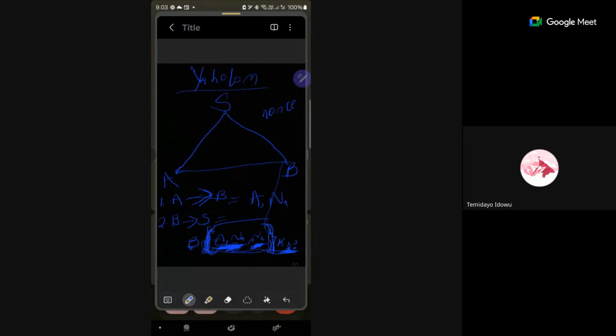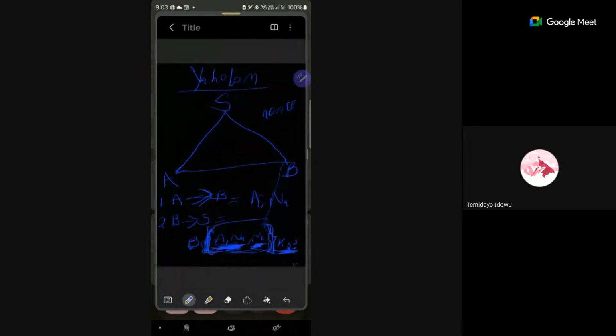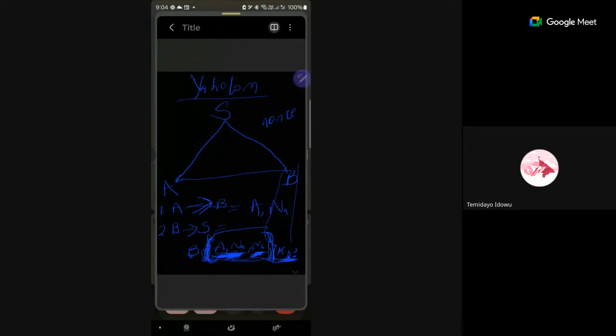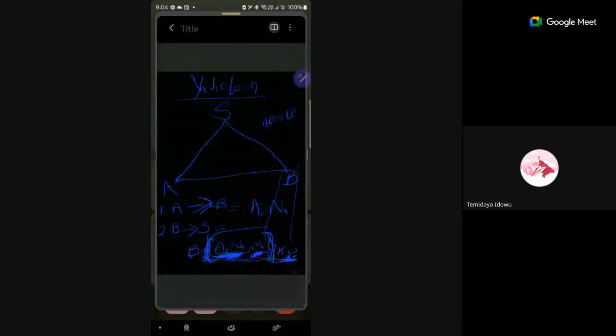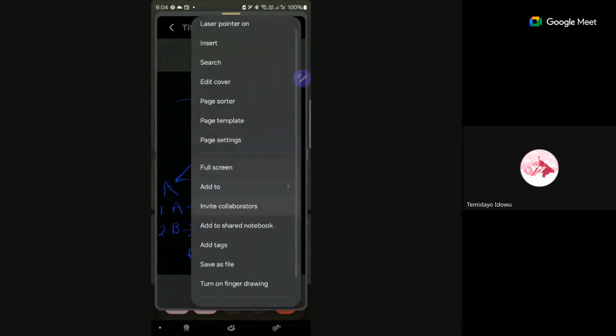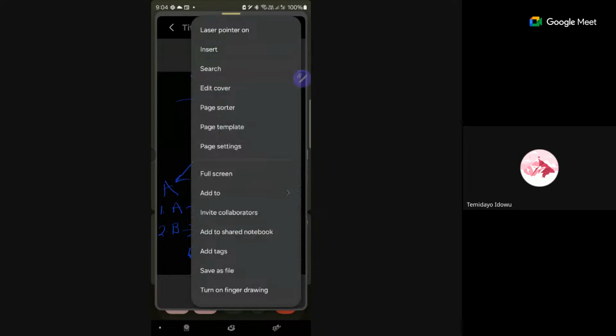Oh, good. Okay, that's nice. I need to move to the next page. Oh no. How do I move to the next page now? Let me move to the next page.